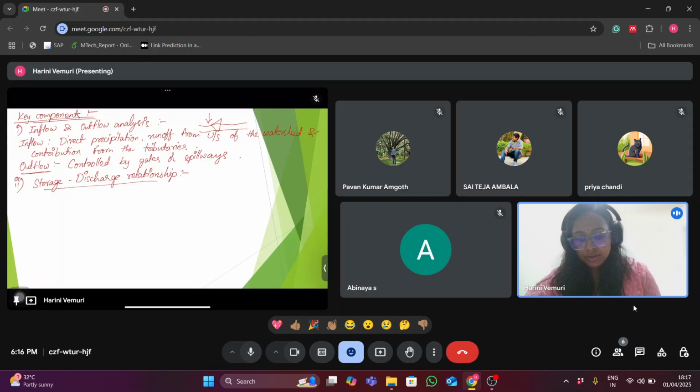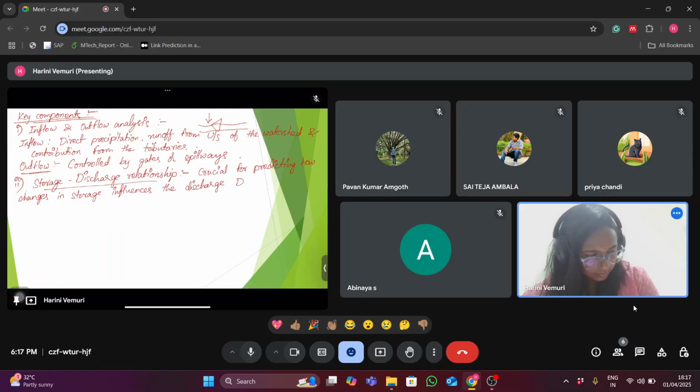This is crucial for predicting how changes in storage influence the discharge downstream. Discharge is written as D slash S.